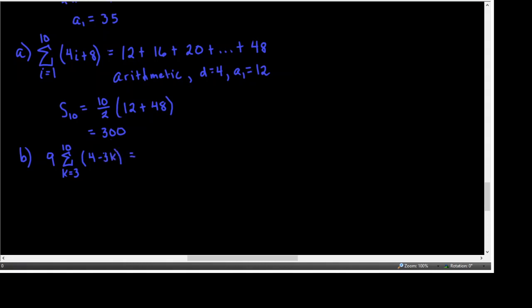So that's 9 times: if I substitute in 3, 3 times 3 is 9, 4 minus 9 is negative 5, plus, then substitute in 4, which is the next number, 4 times 3 is 12, 4 minus 12 is negative 8, plus, put in 5, 3 times 5 is 15, 4 minus 15 is negative 11, plus dot dot dot, and if I put in 10, 4 minus 3 times 10, 4 minus 30 is negative 26.